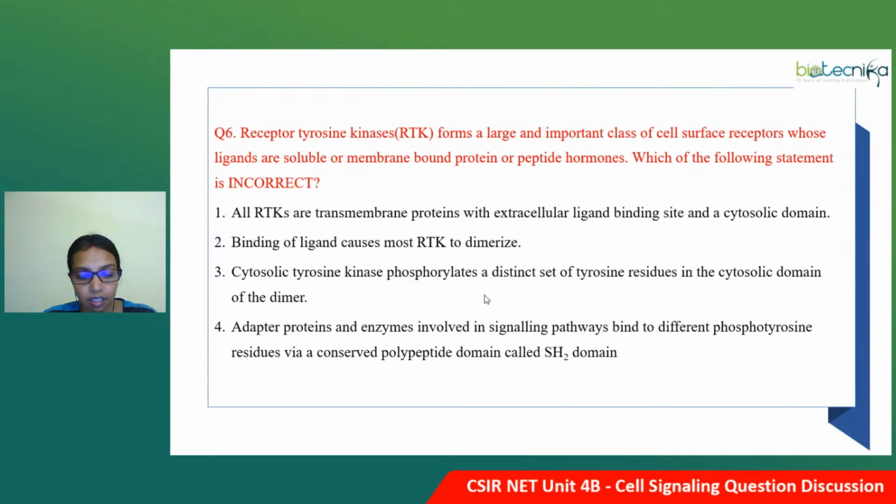Can anyone give this question's answer? Now here also you have to identify the incorrect statement. What should be the incorrect statement out of this? Yes, Sampurna and Anchal have given the answer.